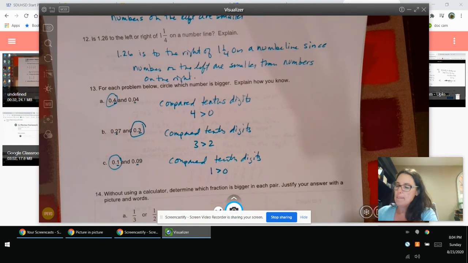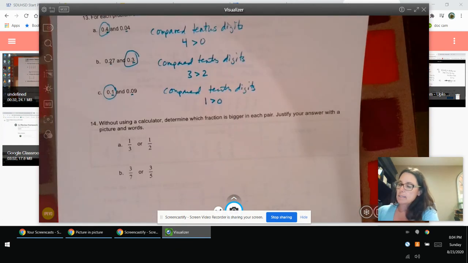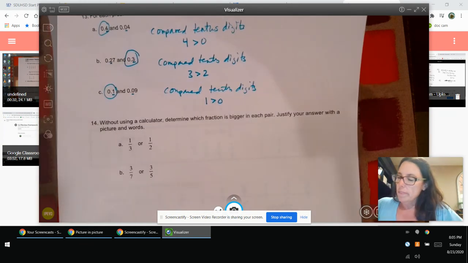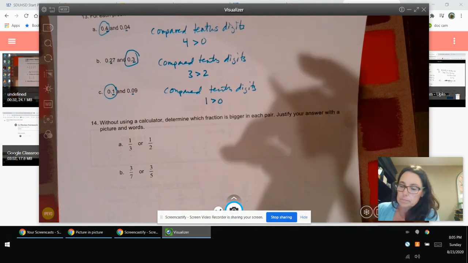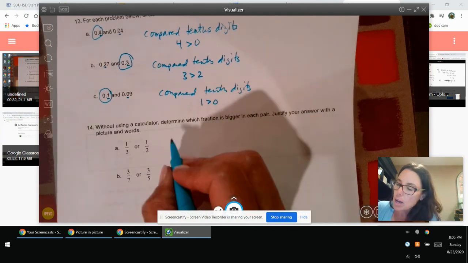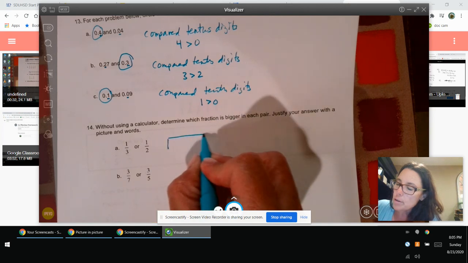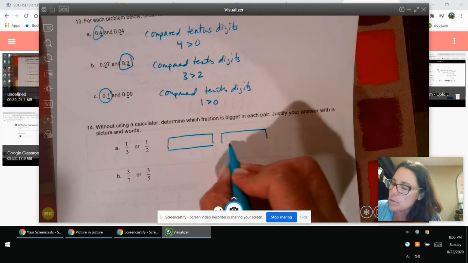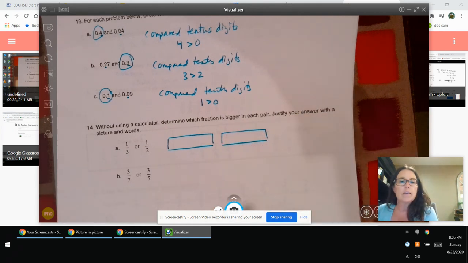Okay. All right, number 14, the last one of this lesson. I think that's it. Yep. Without using a calculator, determine which fraction is bigger in each pair. Justify your answer with a picture and words. Okay, so let's take a look at this. 1/3. So I'm going to make two rectangles as close in size that I can.